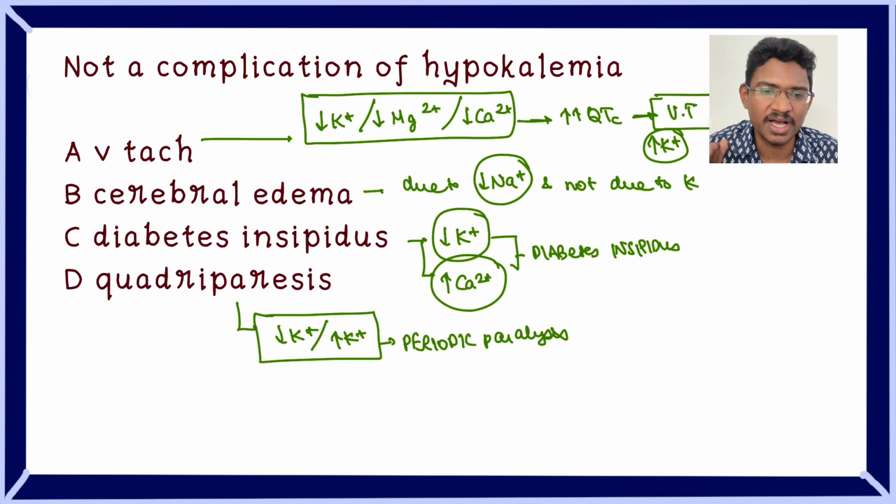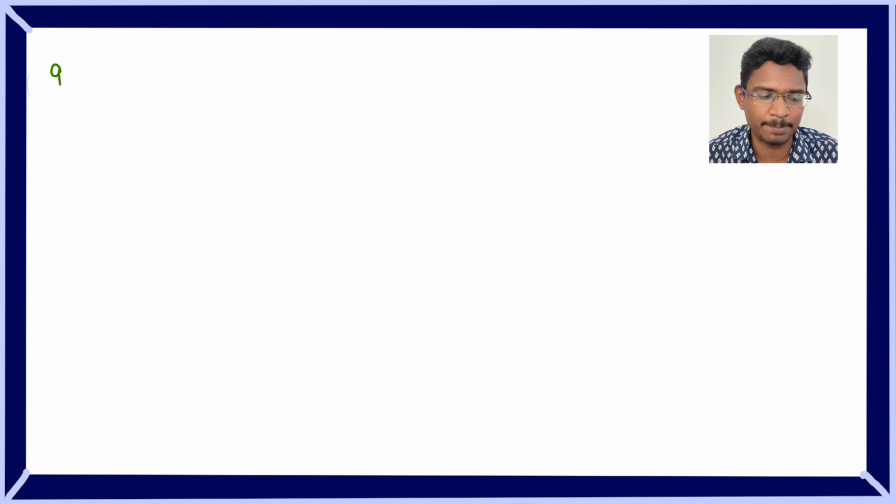Mostly in the brain, if the cells swell, it results in cerebral edema, because the brain is contained in a cavity which is not expandable. The only way the brain can expand is through the foramen magnum, resulting in herniation and death. So cerebral edema is due to hyponatremia.